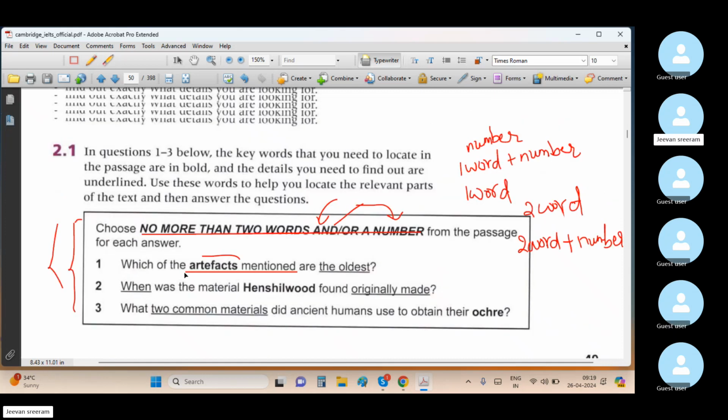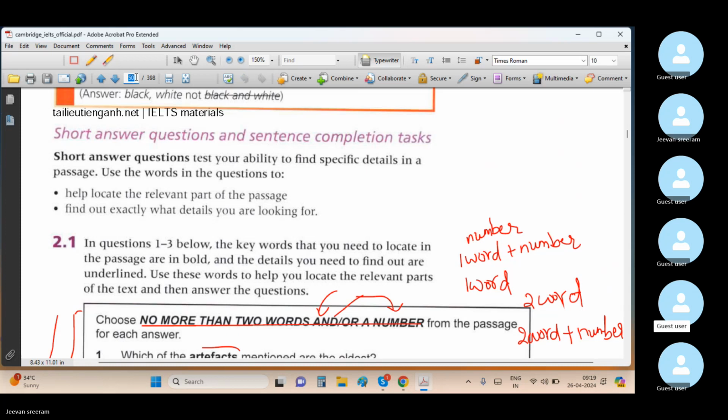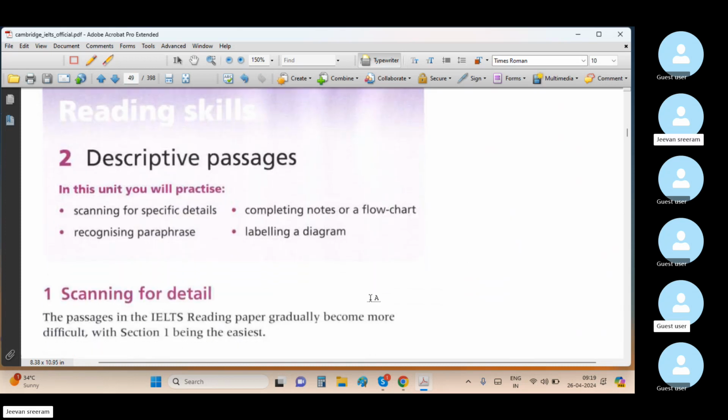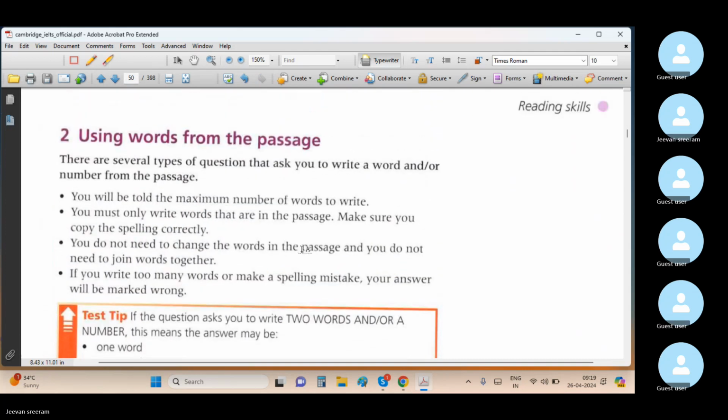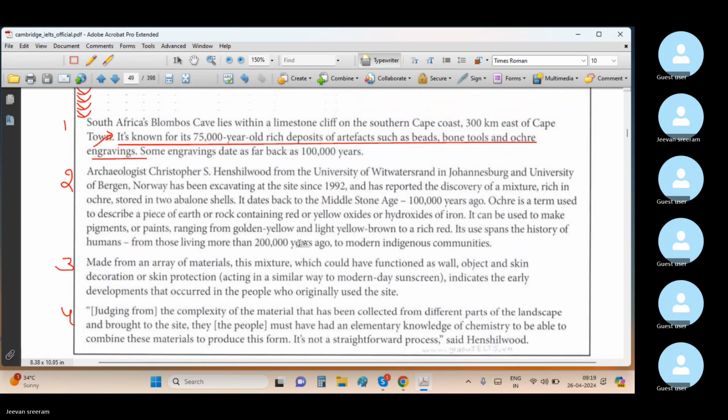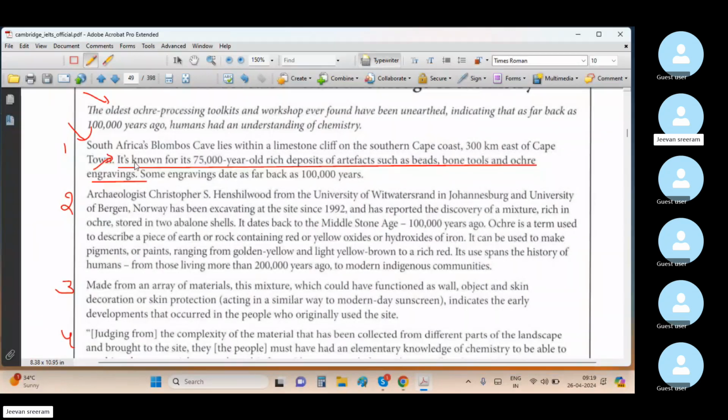Let's see the artifacts mentioned in the passage. Are bone tools the oldest? The artifacts mentioned are beads, bone tools, and ochre engravings, the 3 artifacts. Out of these 3 things, which are the oldest? Please observe the next sentence. Some engravings date as far back as 1 lakh years.